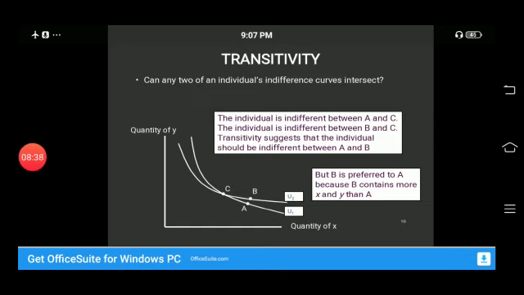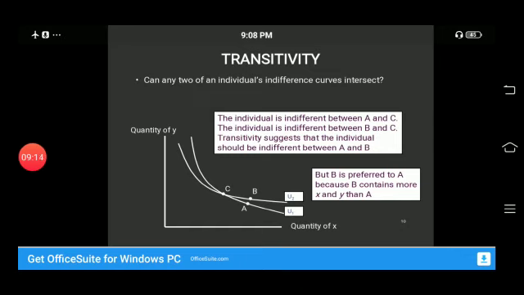Let us prove it with the help of two intersecting indifference curves. From here, as we know, any point on an indifference curve will yield the same level of satisfaction. So from this we can say that points A and C yield the same level of satisfaction. Points B and C also yield the same level of satisfaction. So using the transitivity property, it suggests that A and B should also yield the same level of satisfaction.